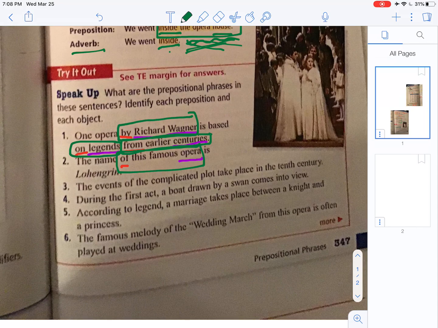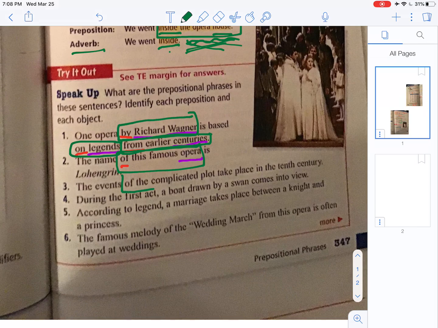Okay, now that you have done 3 through 6, I'm going to box in each preposition 3 through 6 in a different color so they do not get confused. So number 3, the events of the complicated plot take place in the 20th century. I have 2 prepositions here.